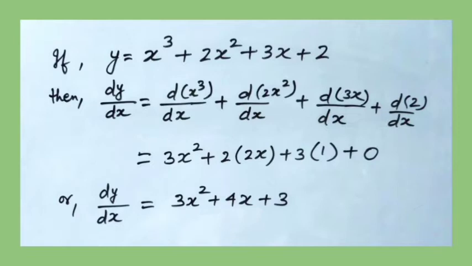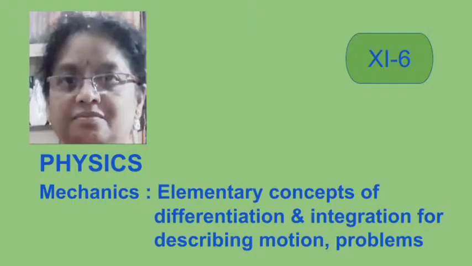So we get 3x square plus 2 into 2x plus 3 into 1 plus 0. Finally, we get dy by dx is equal to 3x square plus 4x plus 3. The fourth term is 0 as derivative of constant is 0. We use differentiation in motion to find magnitude of velocity and acceleration, provided displacement is known.